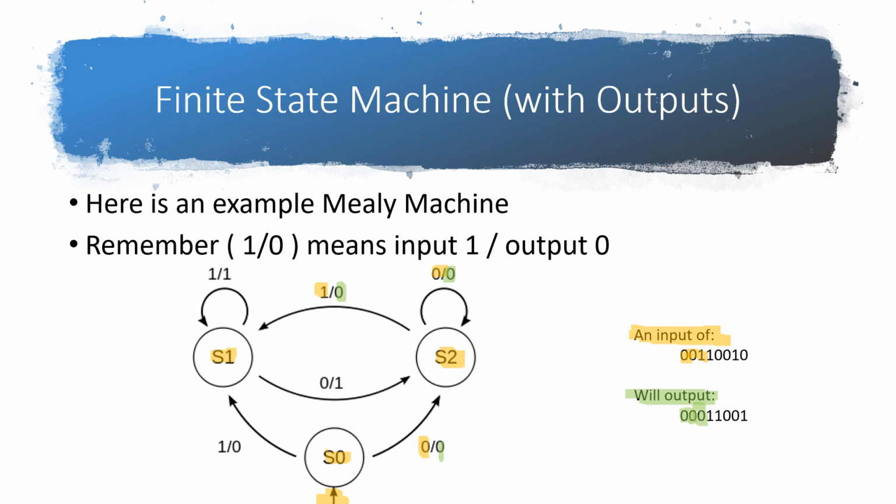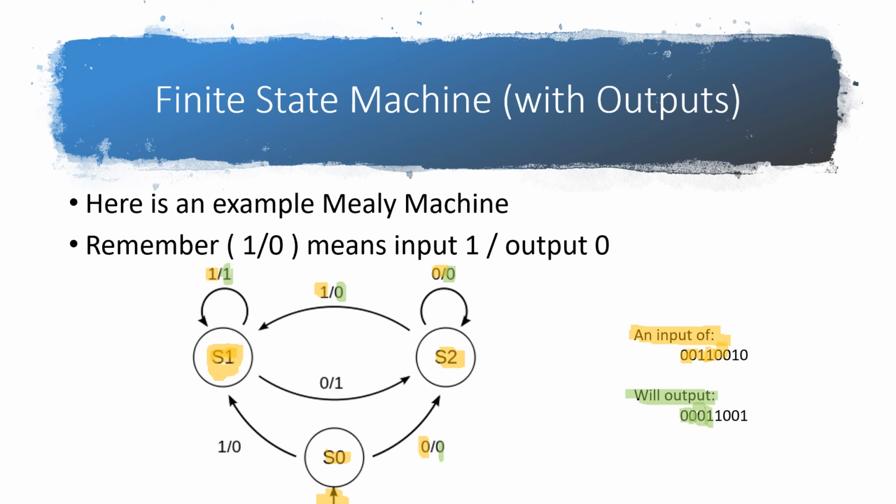Okay, so our next input value is this 1, right? And that is going to give us the output we're going to put, and that's why we have that 1 there. So we're now on S1 still, and our next input is a 0.